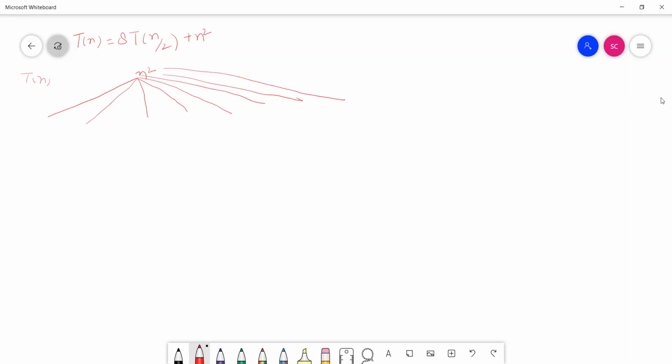So we are getting 8 T(n/2). Here the size is T(n/2), here also T(n/2). So I am getting 8 subproblems of size n by 2.